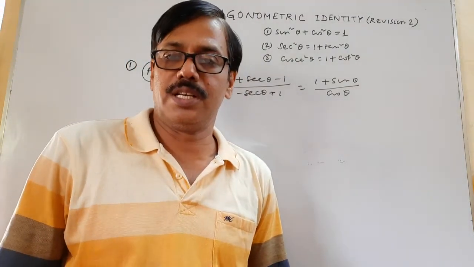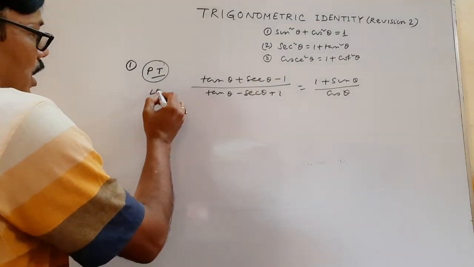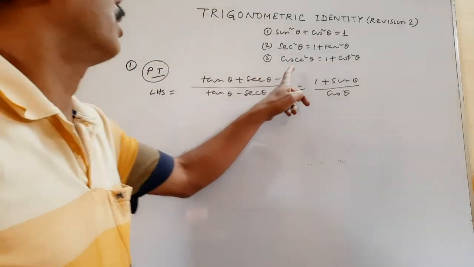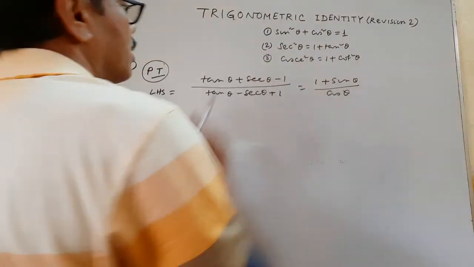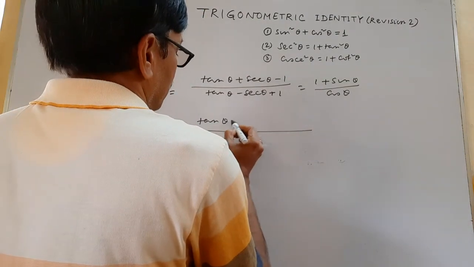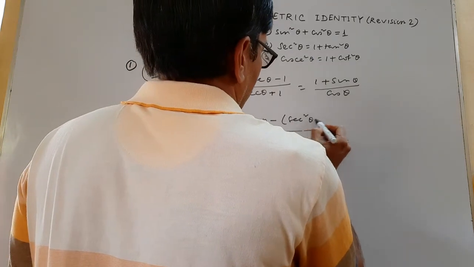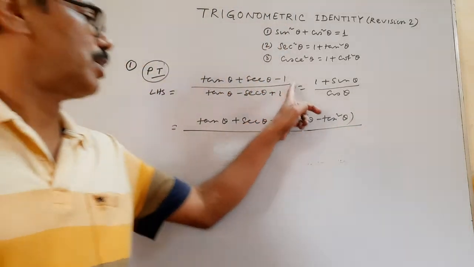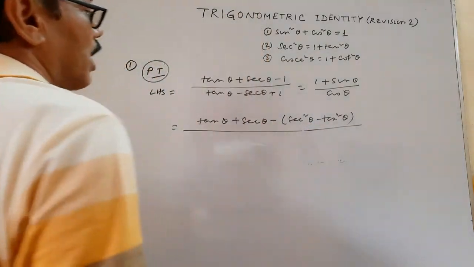But the easiest method is, look, this is the LHS. For 1 in the numerator, we use a trigonometric identity involving tan and sec: sec square theta minus tan square theta. So 1 is replaced by sec square theta minus tan square theta, since this is of the form tan and sec.